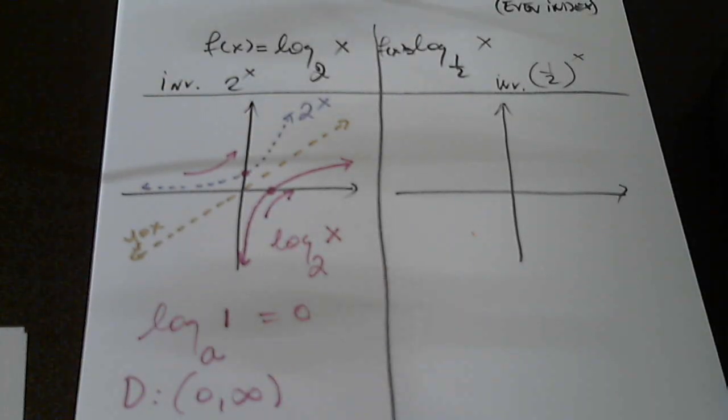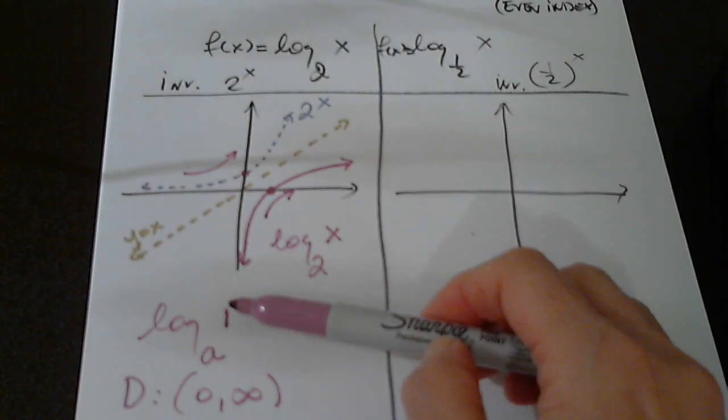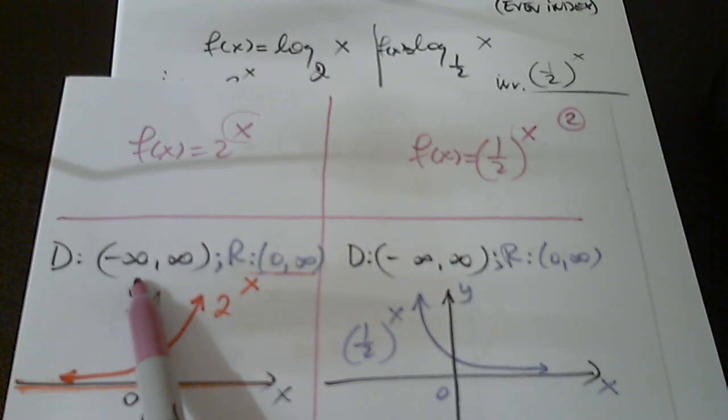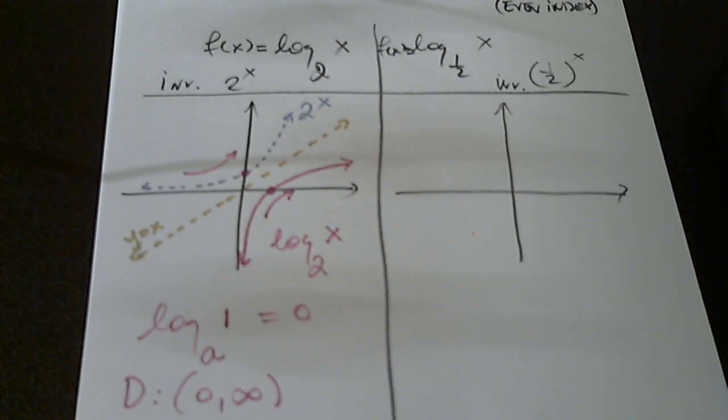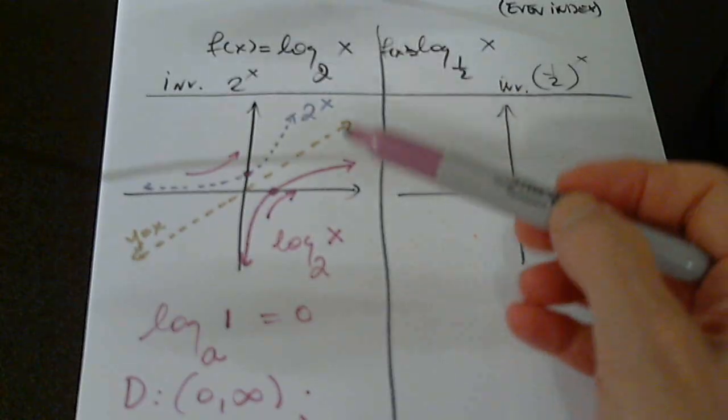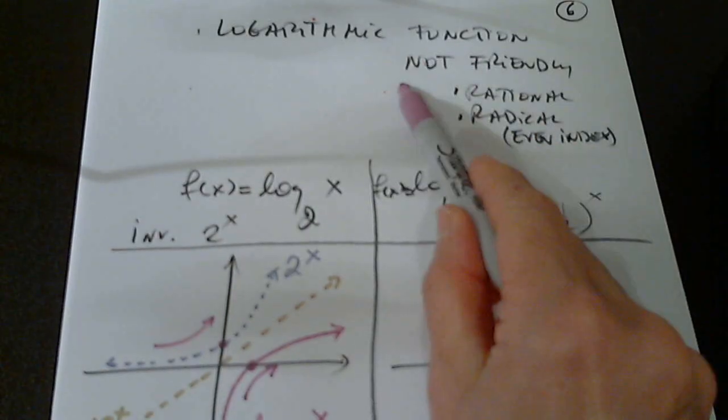And what about the range? So then would the range be negative infinity to positive infinity? Absolutely. They have to be reversed. That's why I say that the log is not friendly.